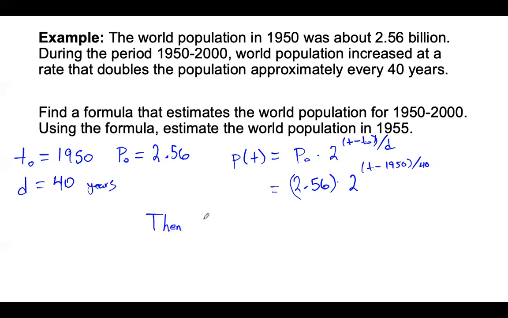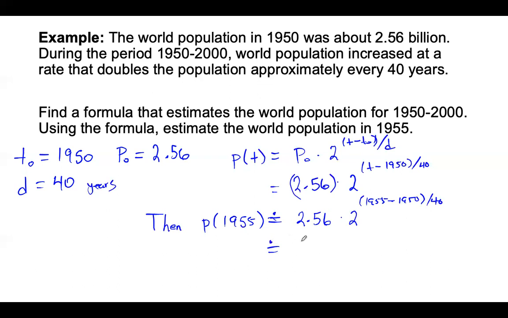Now the specific value at T equals 1955 is approximately equal to 2.56 billion times 2 to the exponent 1955 subtract 1950 divided by 40.